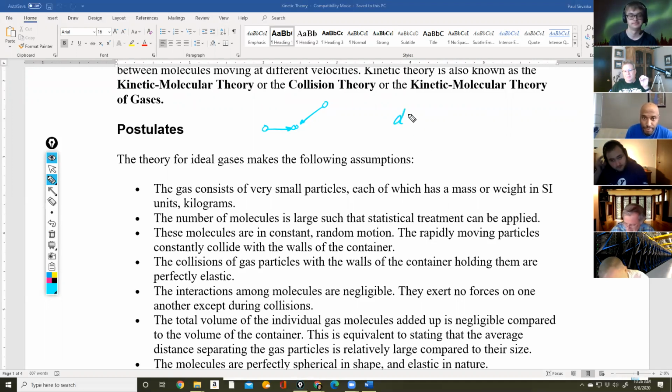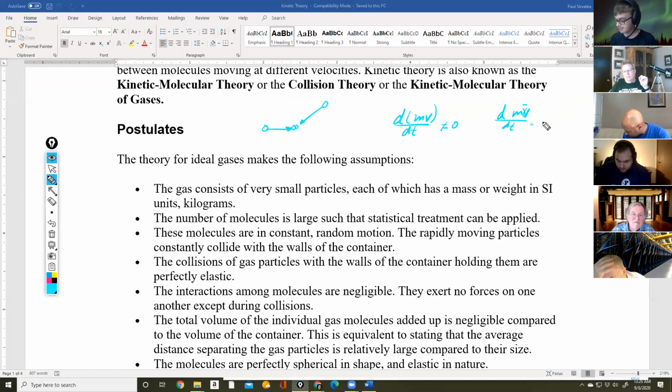So the momentum of a single molecule does not have to be equal to 0. But the momentum change of the average is 0. So we're looking at average molecules.